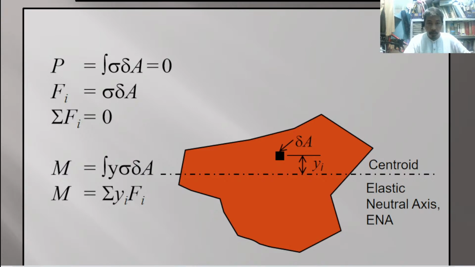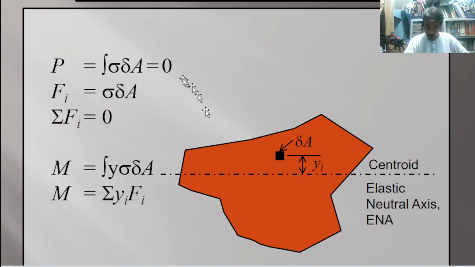Okay? So again, forces equal summation of forces, okay, integral of rho delta A. So just multiply every stress for the corresponding area, then sum them all. It would be equal to 0 in total.